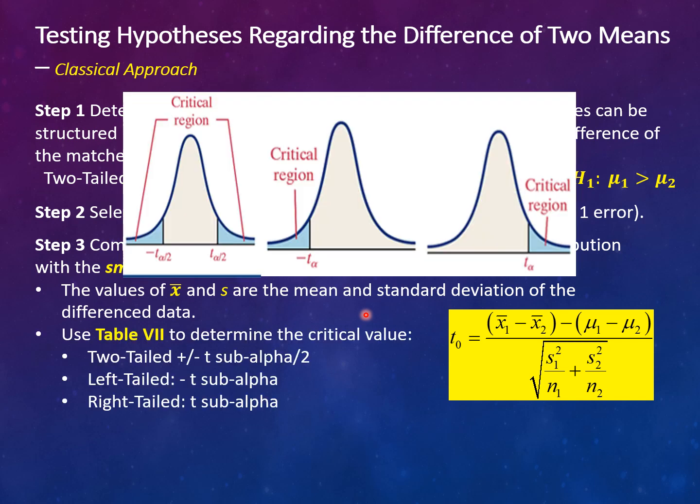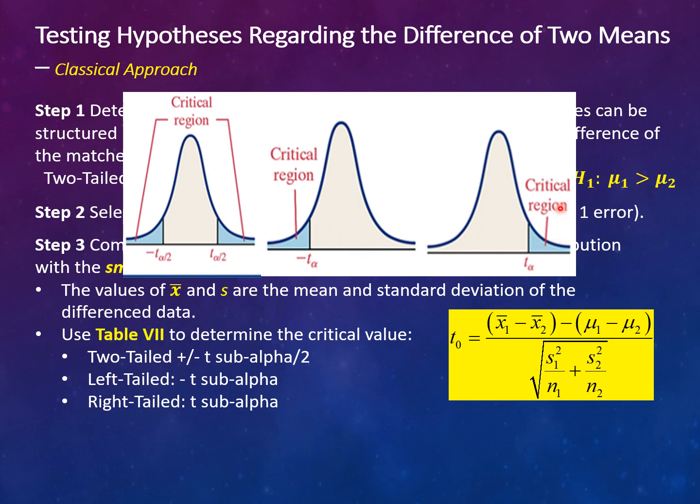From there, we're going to use table 7 to determine the critical value. Remember that for two-tailed, we're looking at plus or minus t sub alpha over 2. For left-tailed, we're looking for negative t sub alpha.